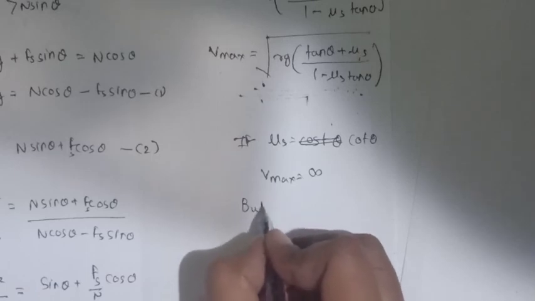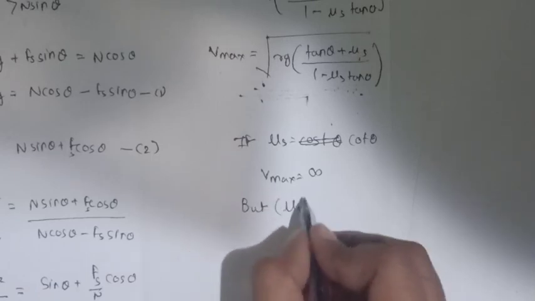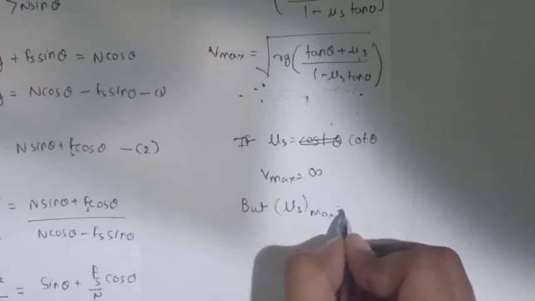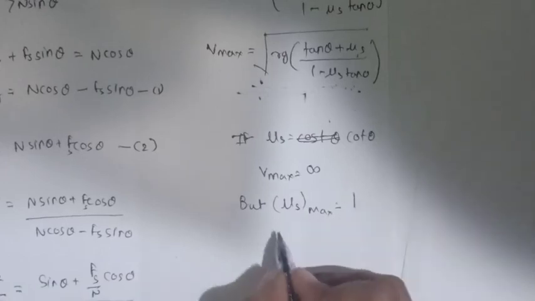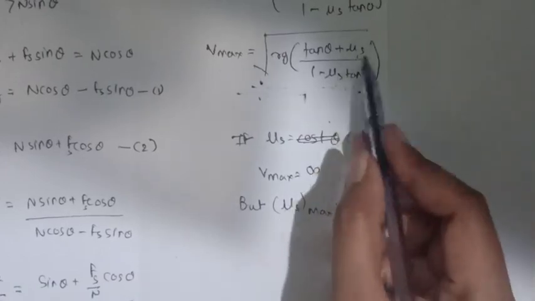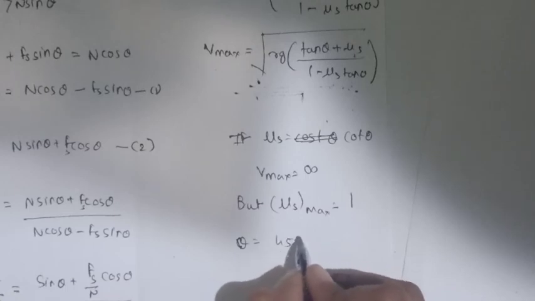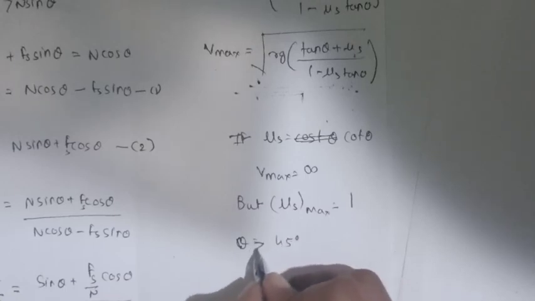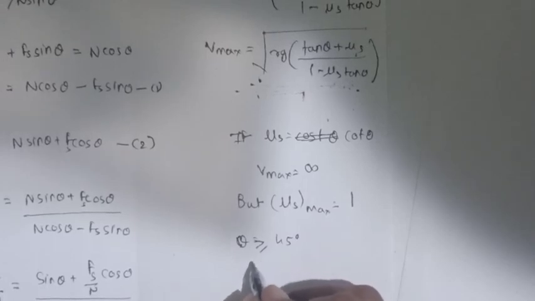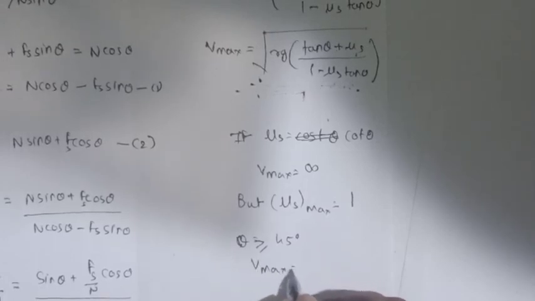But the maximum value of the coefficient of static friction is 1. So when you substitute 1, that will be for theta equal to 45 degrees or greater than or equal to 45 degrees. So in this case v max will be infinity.